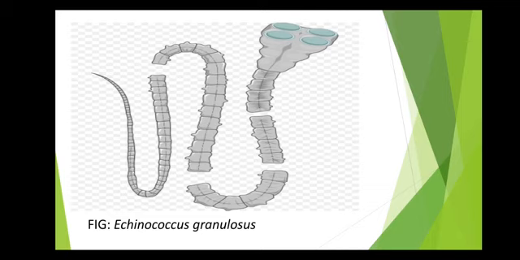The dog tapeworm consists of a scolex, neck, and strobila. Strobila consists of 3 or 4 proglottids, one immature, 2 mature and 1 very large gravid proglottid. Man acquires infection by playing with pet dogs.